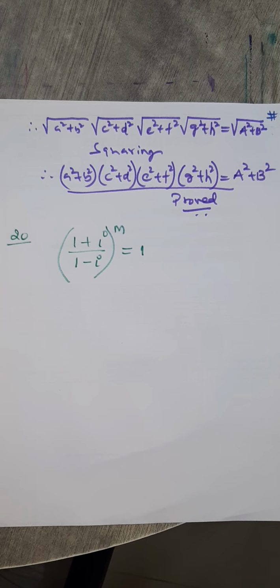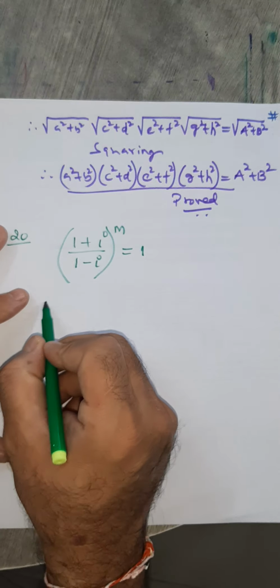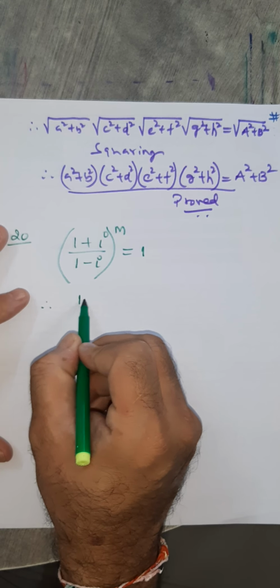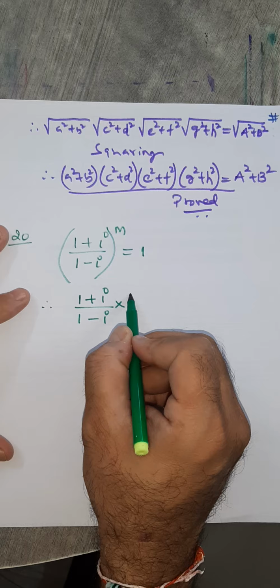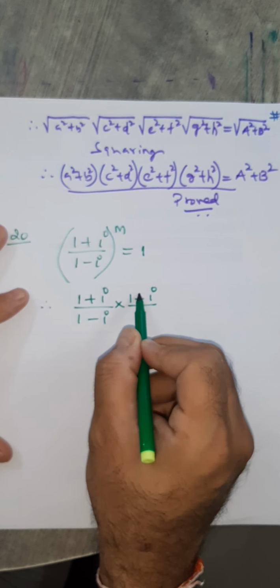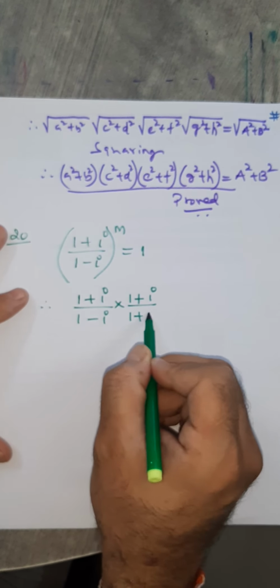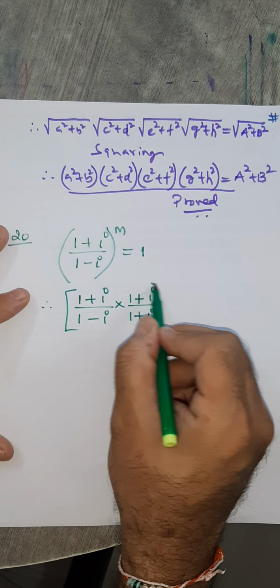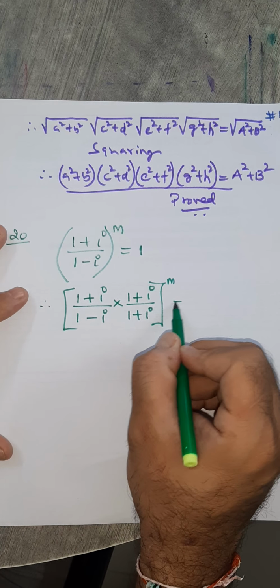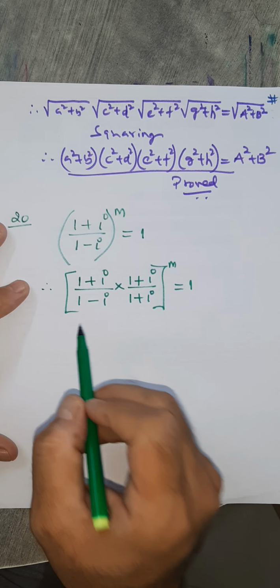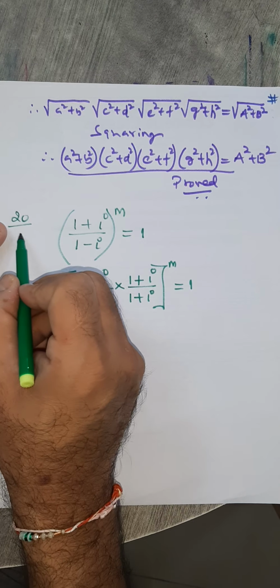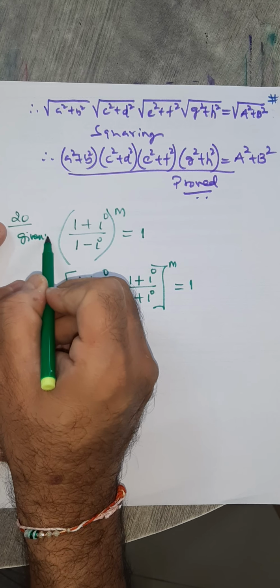So the first thing in complex numbers is to express in a plus ib form inside this. We keep the power m as it is and just simplify. How do we simplify? Multiply and divide by the conjugate. So we keep the whole thing raised to m as it is, and 1 as it is. We want to find m for which this becomes 1. That's the question, remember.